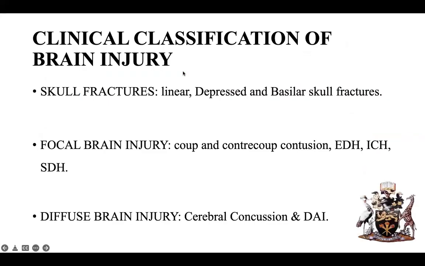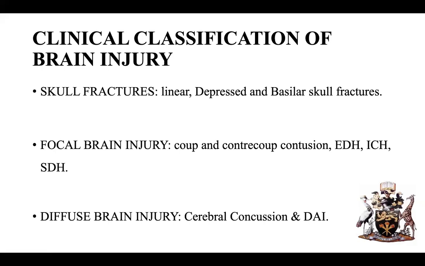You can also classify according to the type of injury. You can get patients who have skull fractures, and the skull fractures can be linear. It can be depressed, partially or completely depressed, with or without dural injuries, and basilar or skull-base fractures, which I'll mention a bit later.